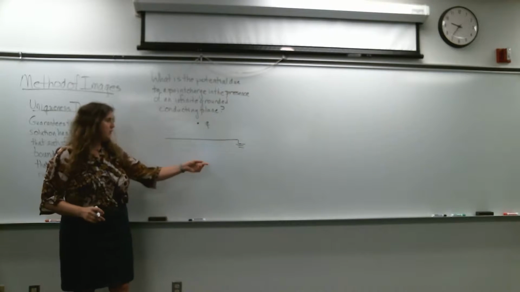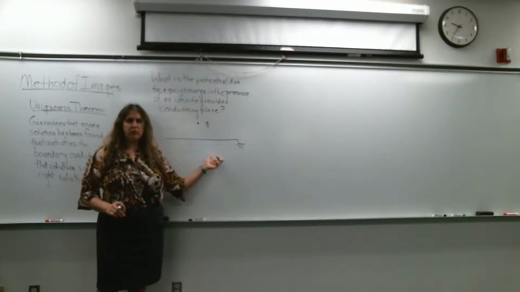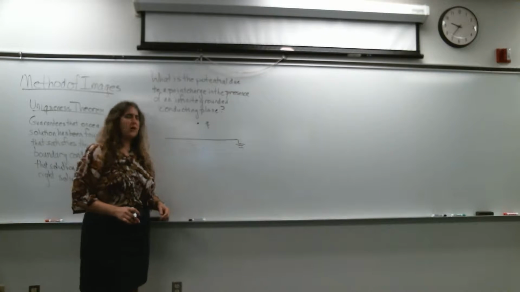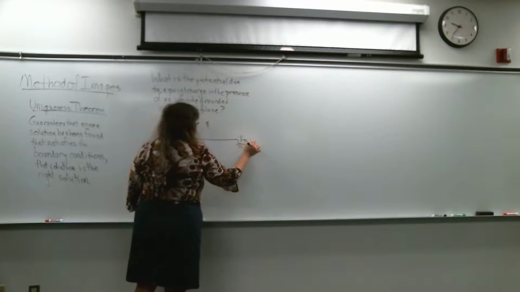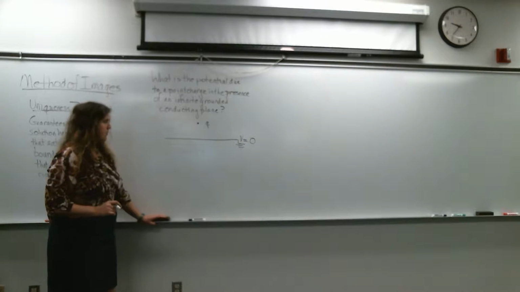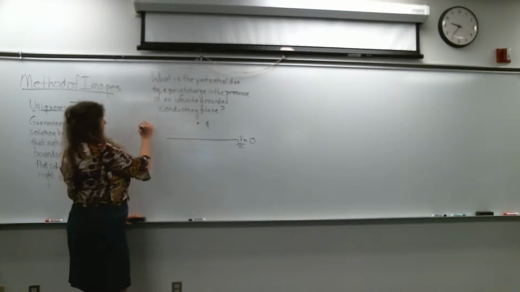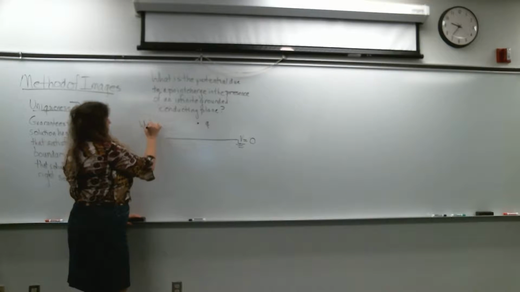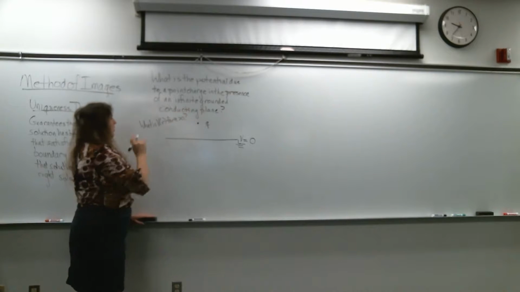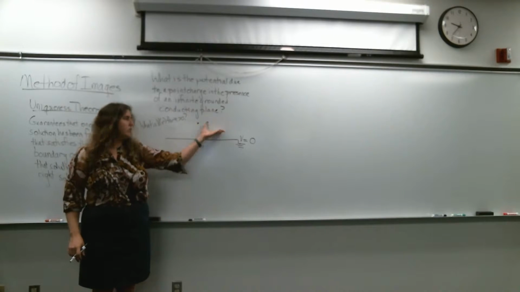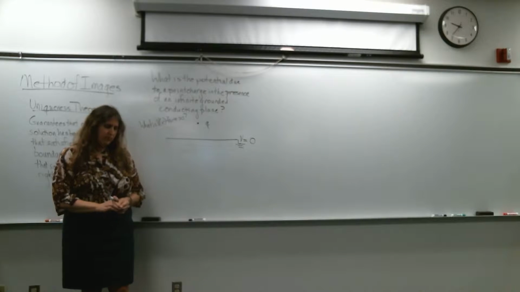And recall that whenever you have a plane that's grounded, or any kind of conductor that's grounded, that means the potential is equal to 0 there. So we want to know what's the potential in this region of space.